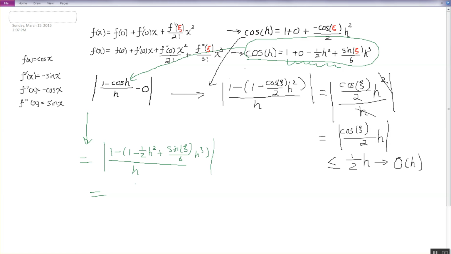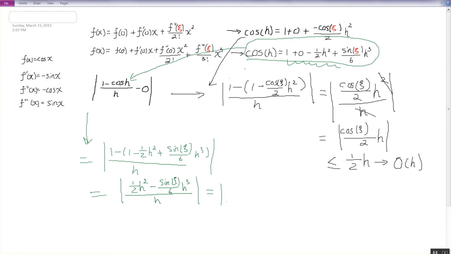And then all the other terms change sign. So I'm left with 1/2 of h squared minus sine xi over 6 and h cubed divided by h, in absolute value. And cancel one h.